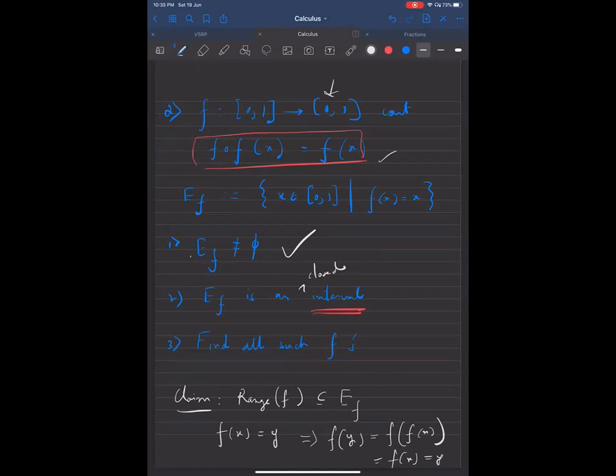See, f of f of x is equal to f of x from here, and f of x is equal to y from this. So f of y is equal to y. So for any y in the range, we have f of y is equal to y. So any point in the range is also a point in E of f, the set of fixed points. So this is true.